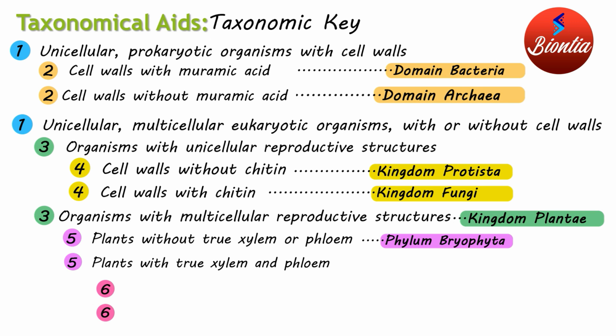In this way, the key directs the taxonomist to a specific ranking of his specimen, and that's why it is useful for the taxonomist. Although it's not possible to construct a key for every case, and it is not always helpful for most species, some work needs to be done, but obviously it is of much use for the taxonomist. So this is all about the taxonomic key that was given in the NCERT book of class 11.